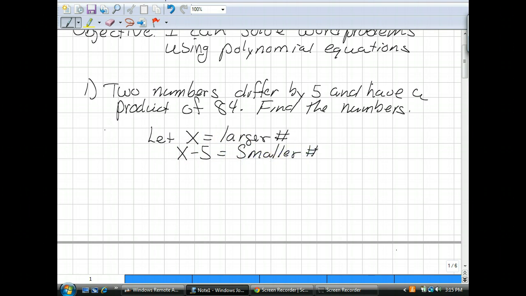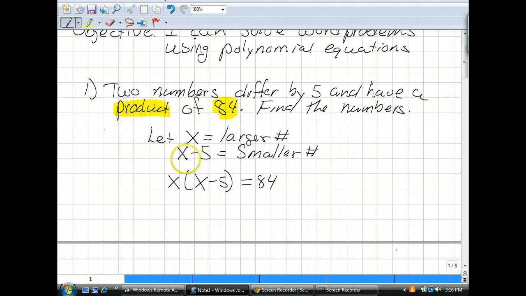So I've represented two numbers that differ by 5. And then it says have a product of 84. So x times x minus 5, the product of the two numbers, equals 84.